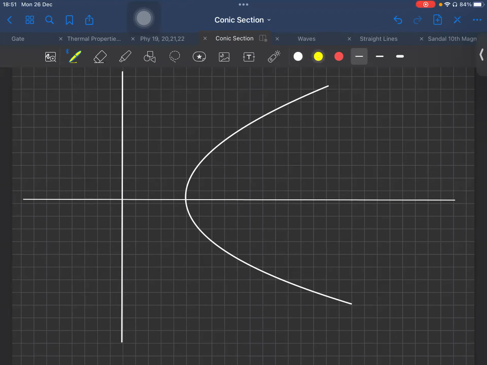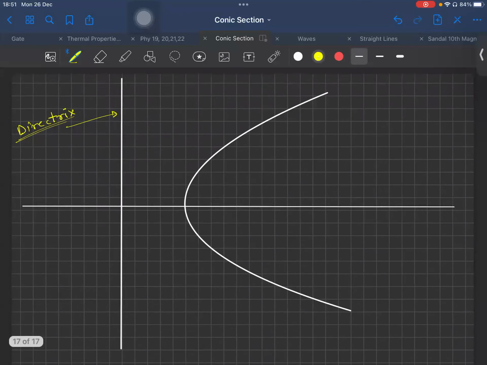This line is the directrix. Okay, let's say this is the axis.